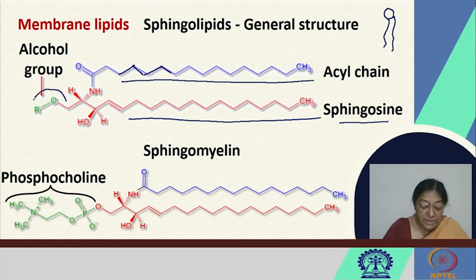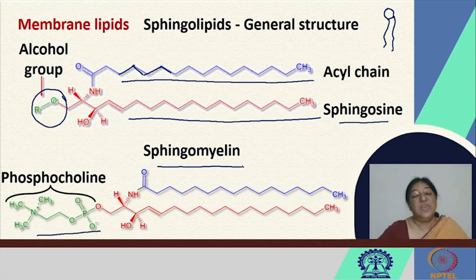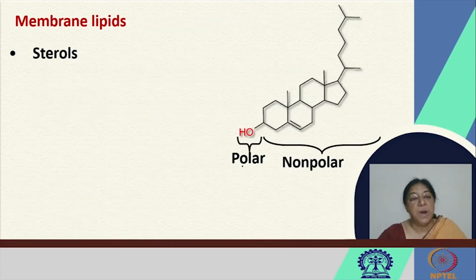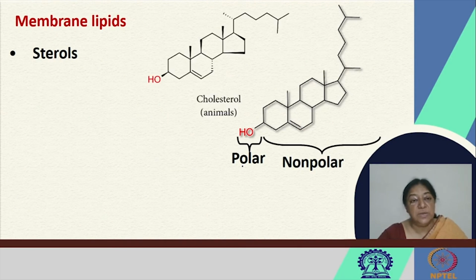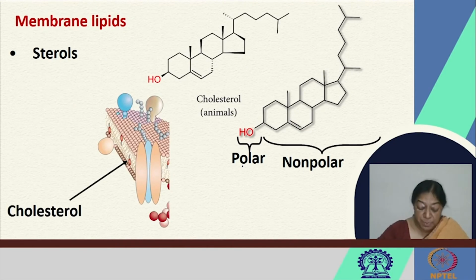And this again is our alcohol group where we can have a phosphocholine, and this is an example of sphingomyelin, a specific type of lipid. So all of these form the parts of the lipids. We can look at the sterols that are present also in membranes, such as cholesterol, which is part of the lipid membrane, the plasma membrane.